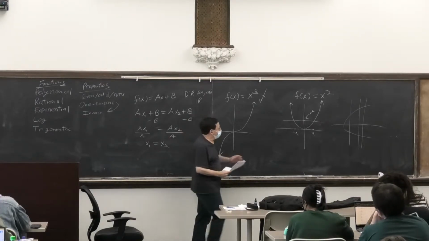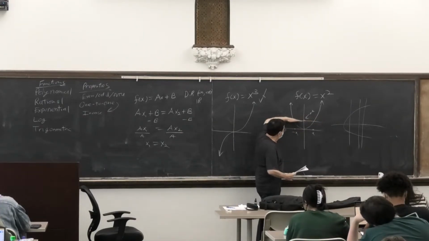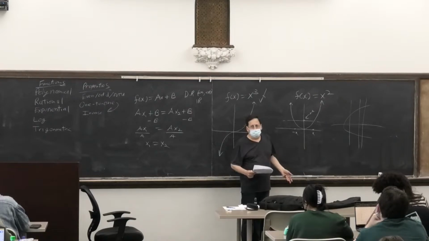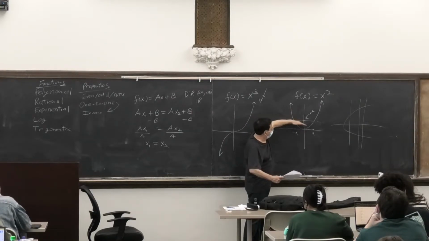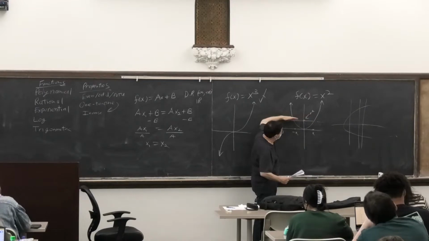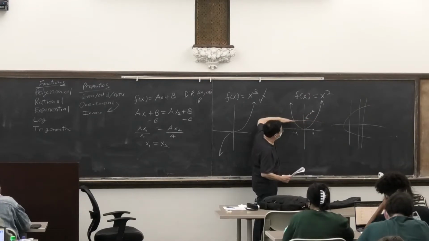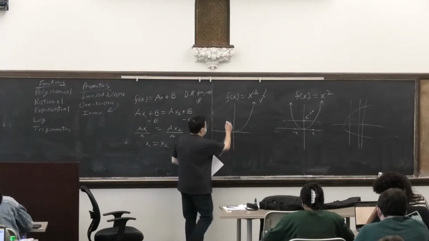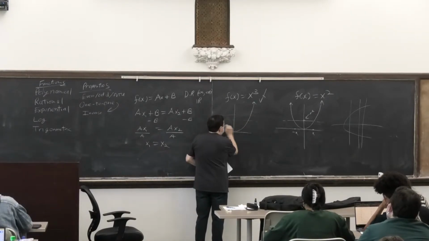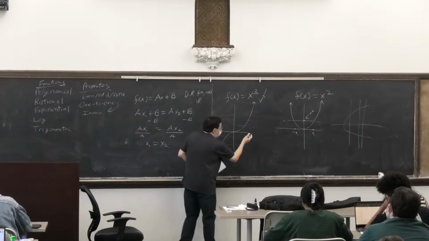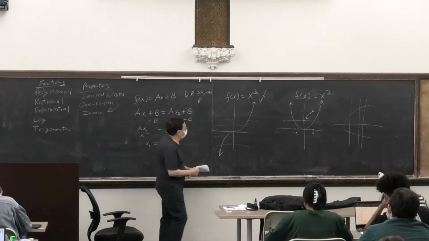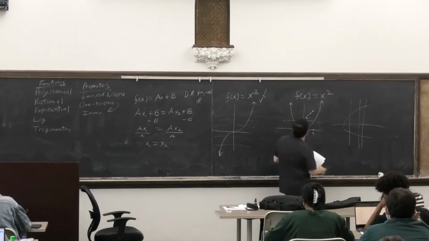This horizontal line test tells me if there's a horizontal line that passes through more than one point, it's not one-to-one. And if no line passes through two points on the graph, such as here, then it is a one-to-one function. So that's the horizontal line test. I guess I should write that down.